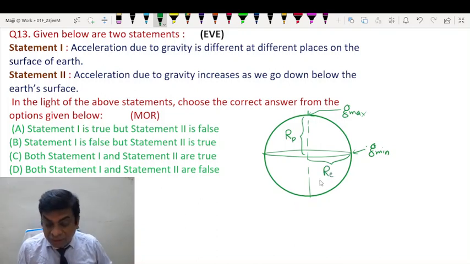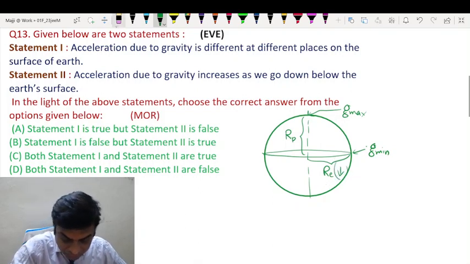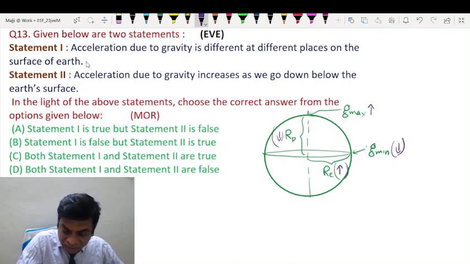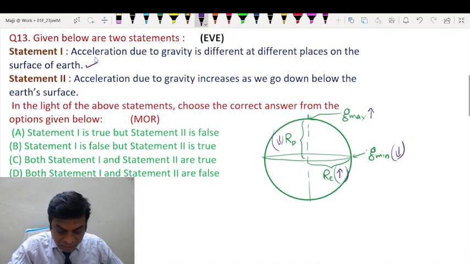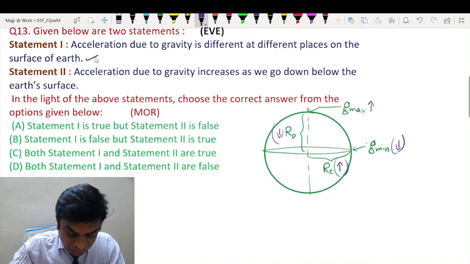And g varies inversely as r square. So where r is more, g will be less, and where r is less, g is more. So statement 1 is correct. Then coming to statement 2, acceleration due to gravity increases as we go down below the Earth's surface.